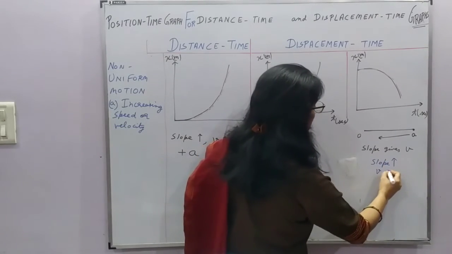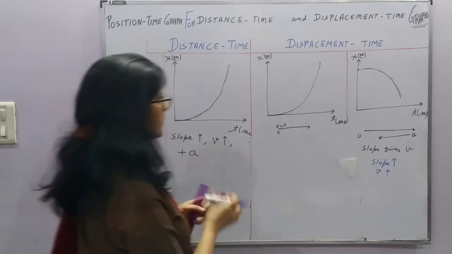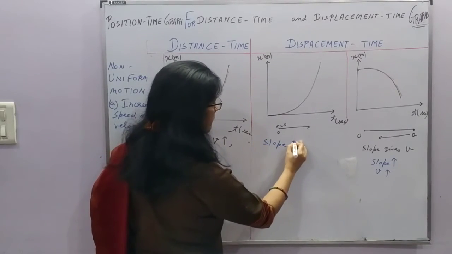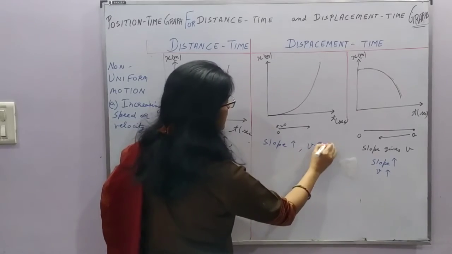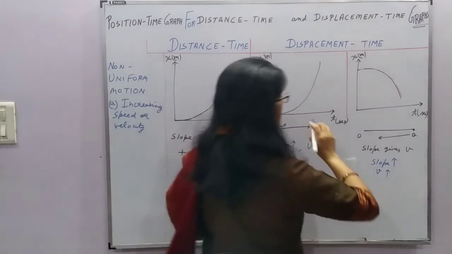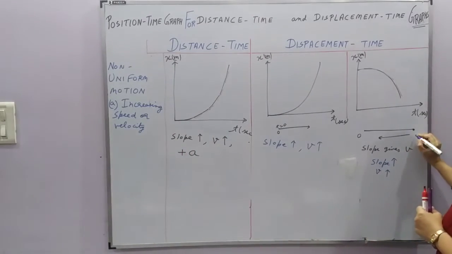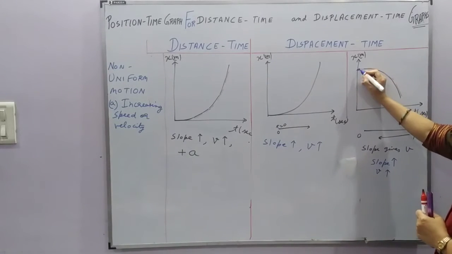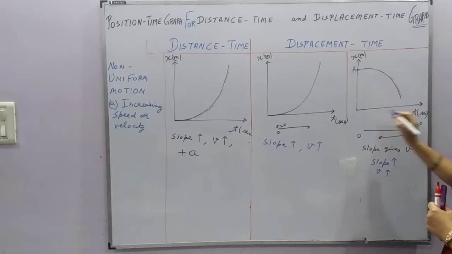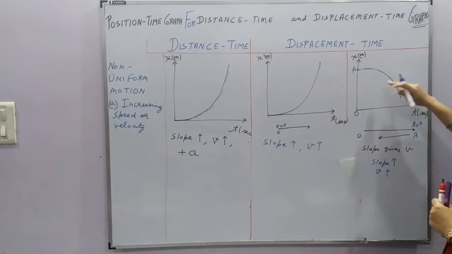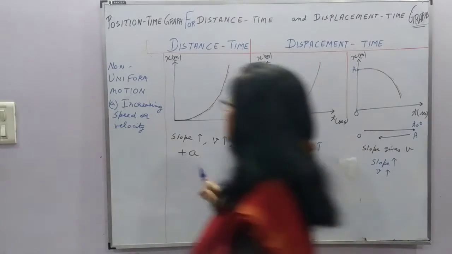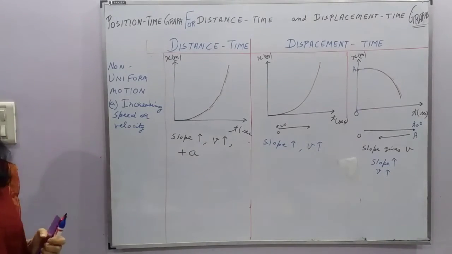So velocity is increasing. This is our starting point when time is 0. When it is reaching towards the origin, the position is decreasing, right?